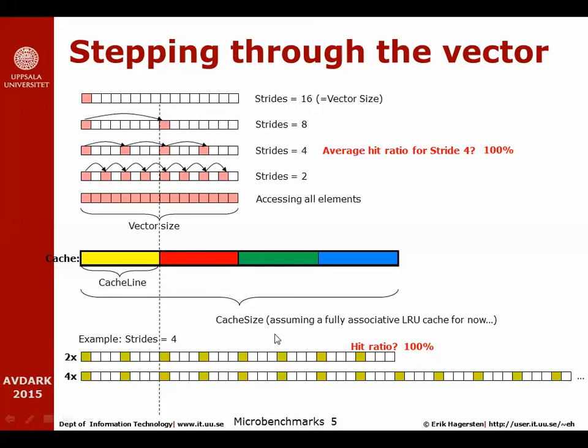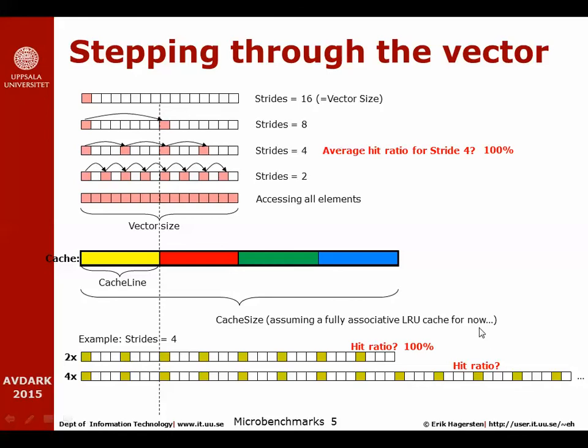So that was easy. But what if we use a vector of twice as large size? So this is twice as large as the cache we're studying. What will be the hit ratio? Well, we're going to start to go through this vector and use all the elements. And right here, we have filled the cache. We keep accessing more elements, keep bringing in more cache lines.